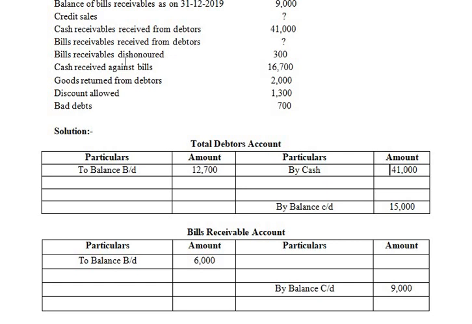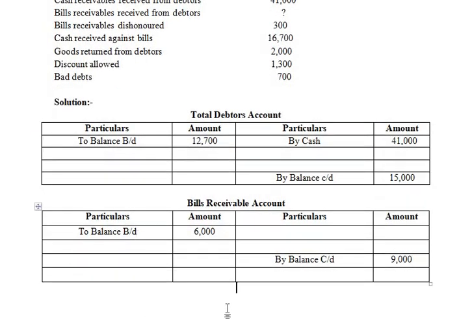Next, bills receivable dishonored. Now, in the previous class, we have studied the case of bills receivable dishonored. What will be the entry for dishonored? I'll just pass the entry over here. Debtors account debit to bills receivable account.